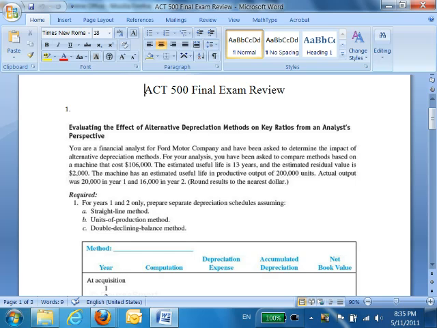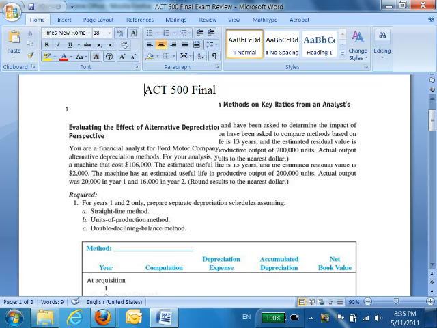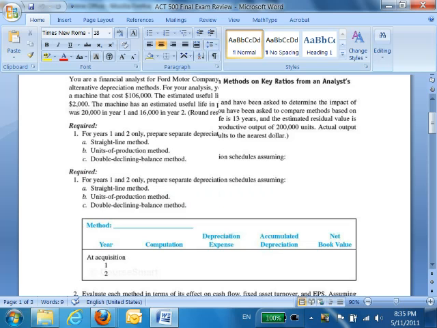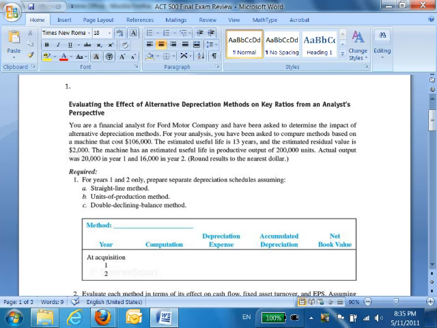The first problem is to evaluate the effect of alternative depreciation methods on key ratios from an analyst perspective. My main interest in this problem is to demonstrate how we depreciate a depreciable item using the three alternative methods, namely the straight line method, units of production method, and double declining balance method.